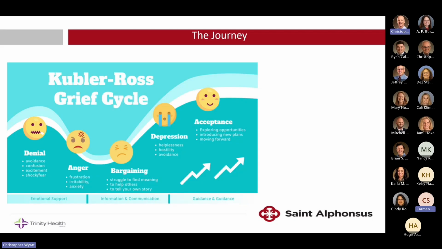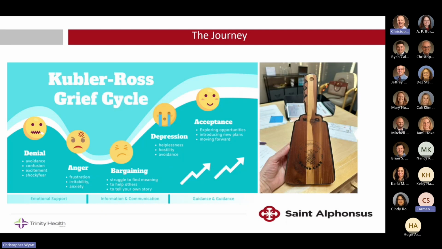And then ultimately, I find it very satisfying that this goes from not just depression and acceptance, it actually converts into gratitude. This image here is a wood cowbell a patient made for us with our logo on it. And the significance of that is when our patients heal and graduate from the wound clinic, we have them ring a cowbell to celebrate.